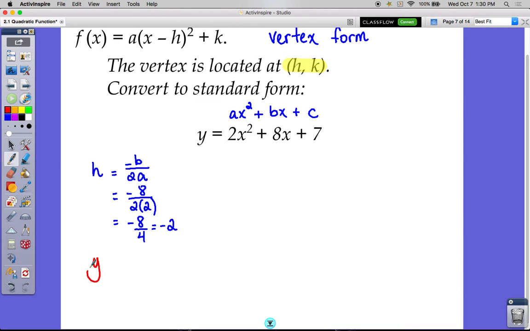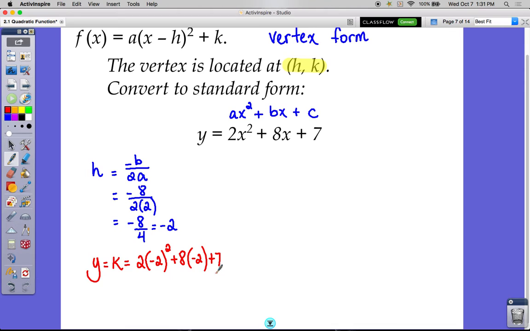The y, which in this case is the k, is equal to 2 times negative 2 squared plus 8 times negative 2 plus 7. So I'm finding the y value at negative 2, which happens to be where my vertex is located.